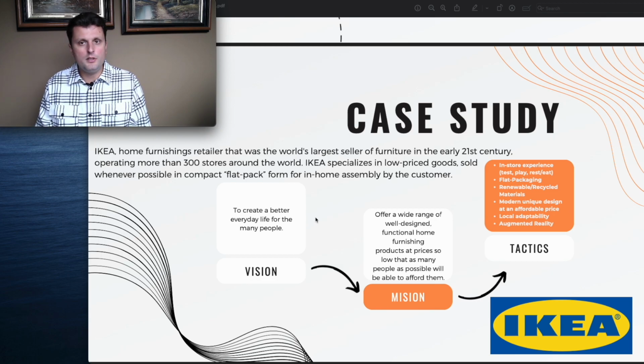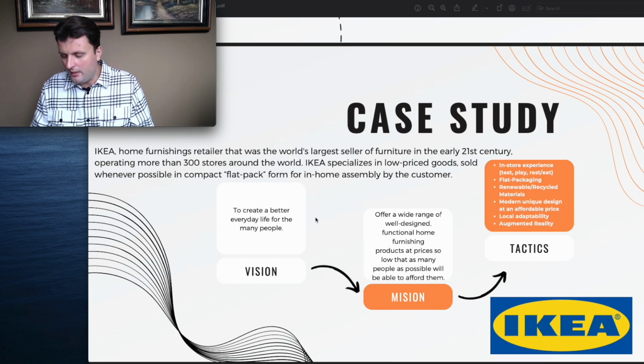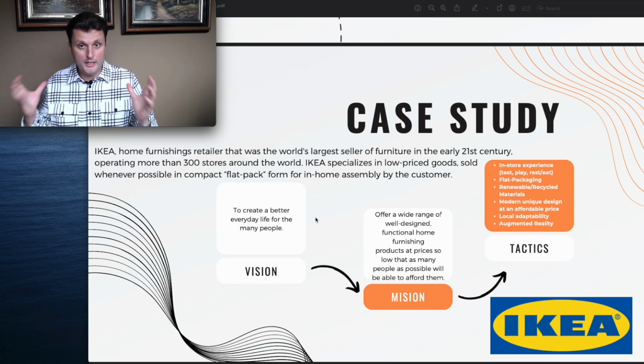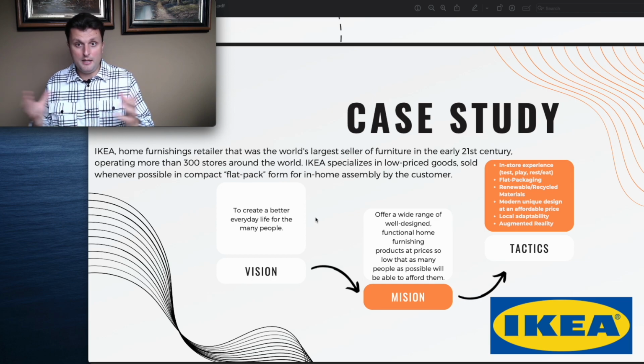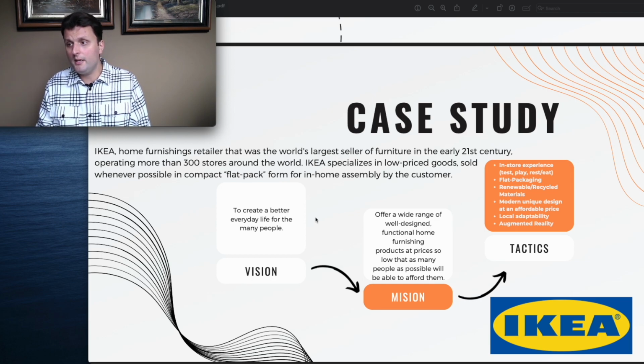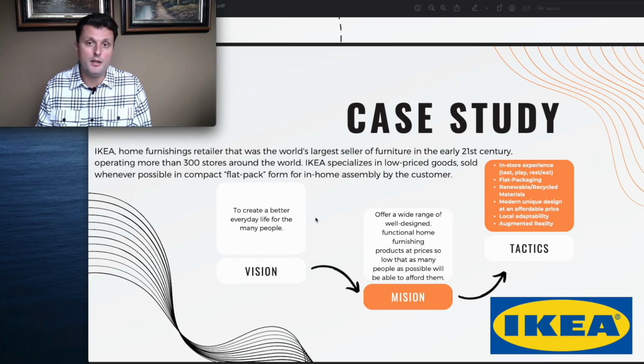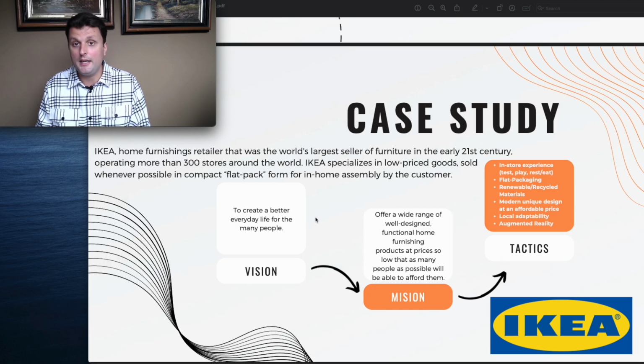Now, since we're quite environmentally friendly these days, and there's a lot of environmental awareness, and we're trying to save this planet if it can be saved, they are also focusing a lot on renewable and recycled materials that are used in a way that doesn't affect the design and the quality of the furniture that they're selling.